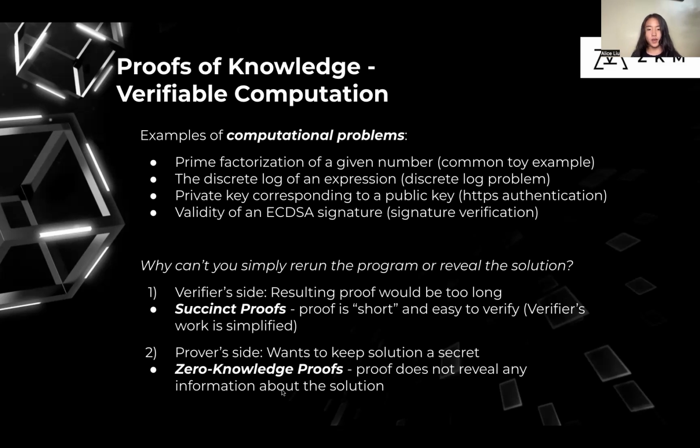So those are the two main reasons why you can't just simply rerun the program. We need to consider both the ZK aspect and also the succinctness aspect. I'd also like to emphasize that a lot of projects nowadays use ZK to mean privacy when they really mean succinctness. ZKM specifically is focused on the succinctness aspects of the proof, not the privacy.